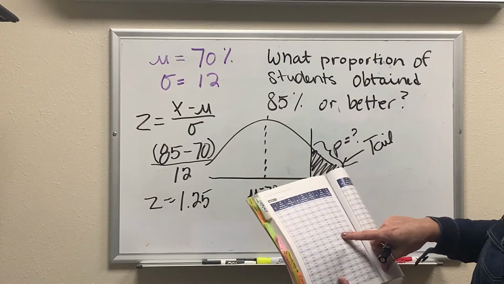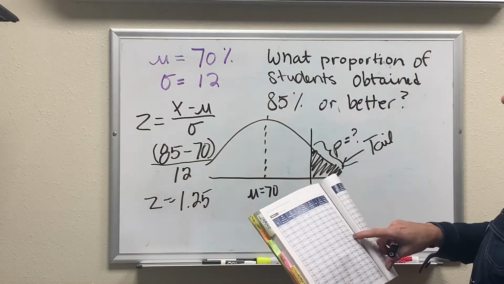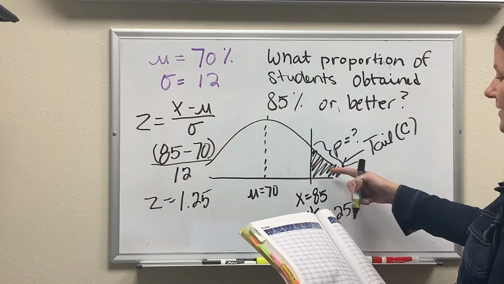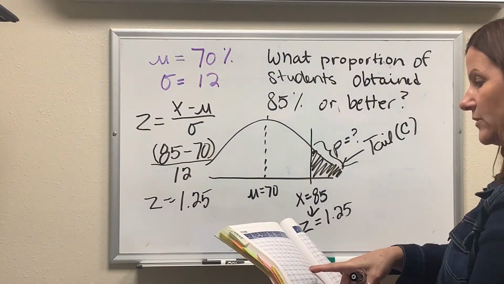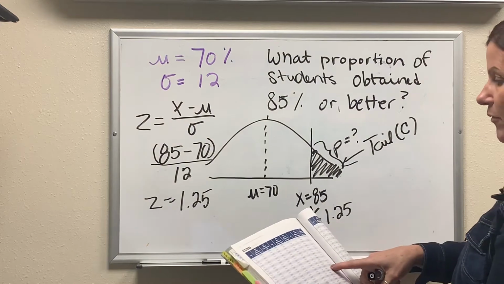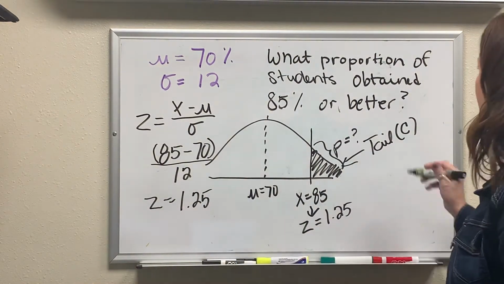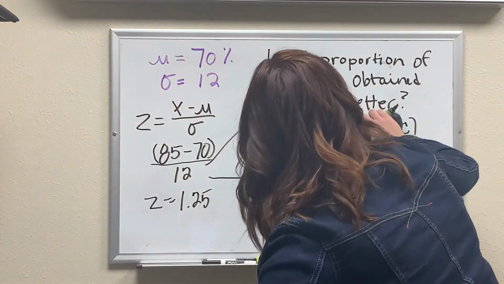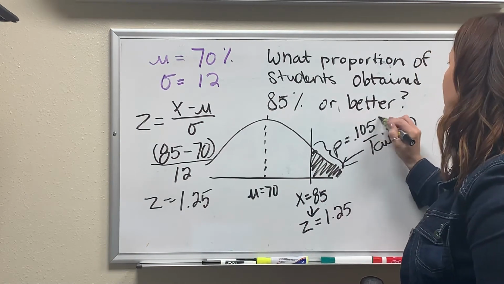And then I'm going to look for the area beyond z in the tail, which is column C. That's this area right here in column C. So for a 1.25 z score, I should be finding a proportion or probability of 0.1056. So now I can actually erase that, and it's 0.1056.